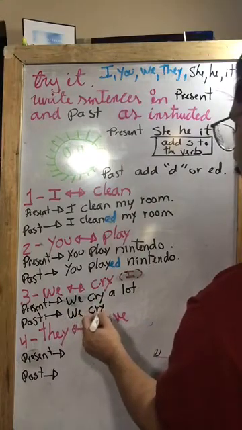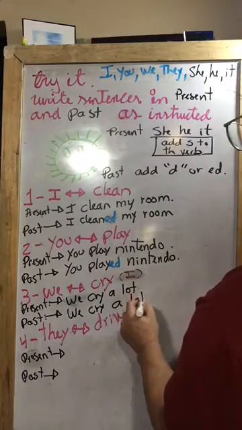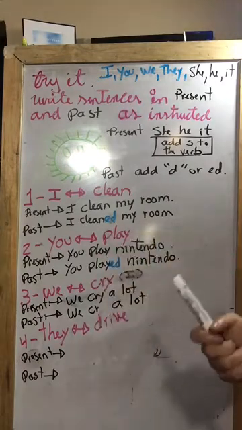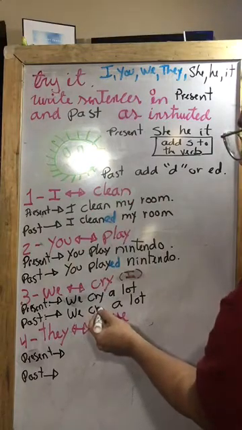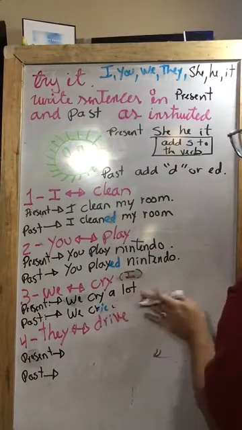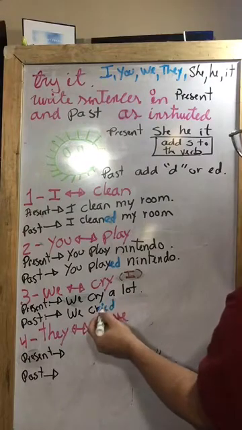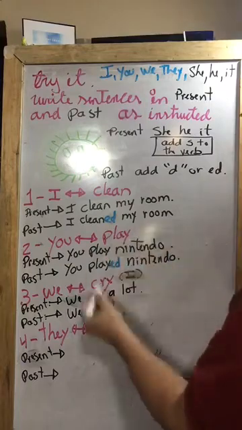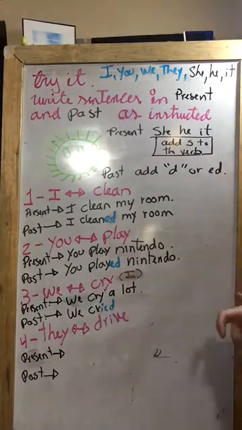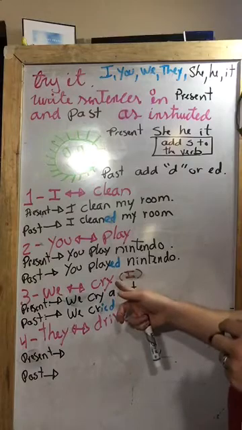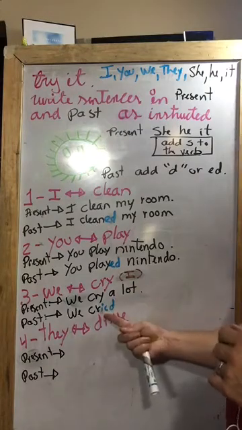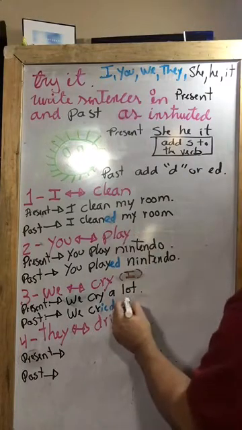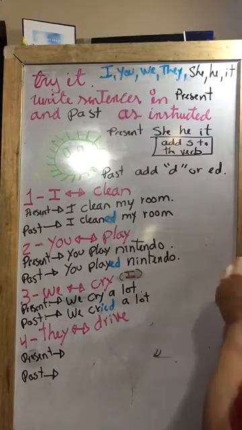We cry a lot. But remember, we're trying to make this into past. So what are we gonna add? We are going to write ed. We cried a lot, because we cannot add only the ed. No, we have to change the Y for an I and an E. And then, we cried a lot.